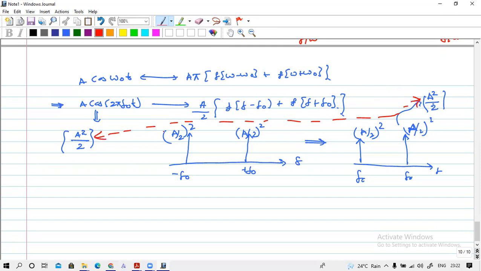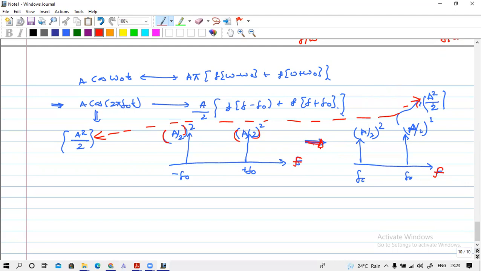So simply, if you want to draw the power spectrum, draw it with respect to f. First thing is draw it with respect to f, and then you simply take the square of the amplitude scale and plot it. You can keep this in your mind and use this.